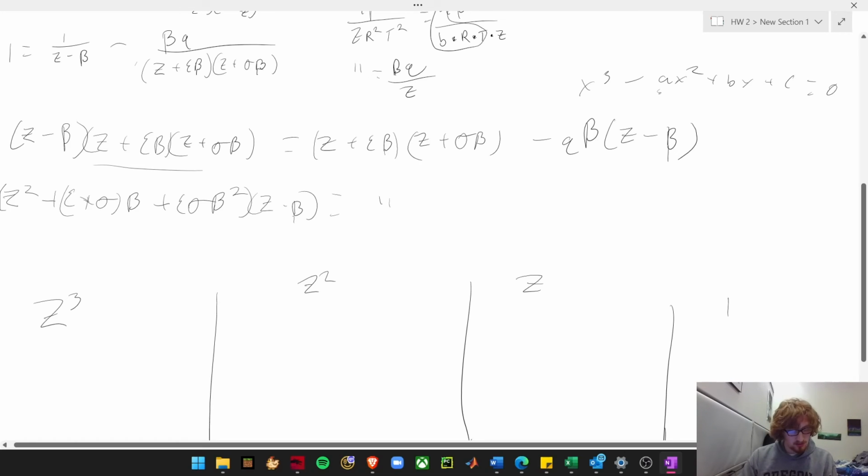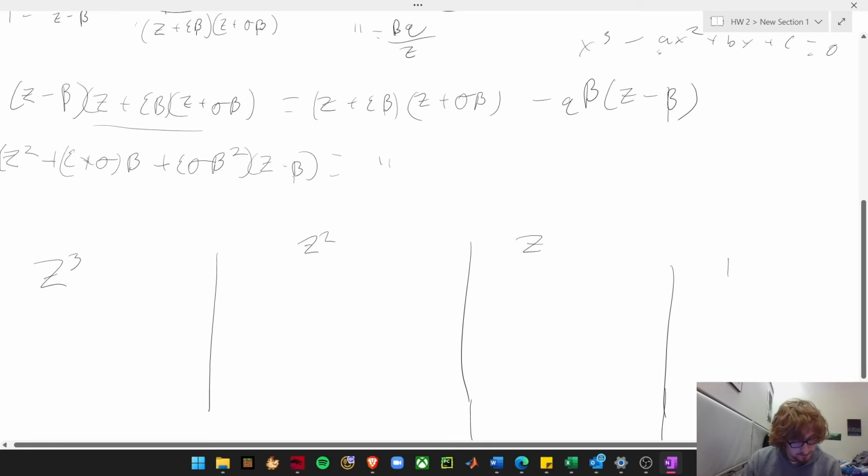Okay, so let's go through this term by term. So here we're going to take this z and this z and multiply them together. That gives us our z cubed. Here we're going to take our z times our epsilon plus sigma times beta. That is going to give us one positive epsilon plus sigma times beta coefficient.